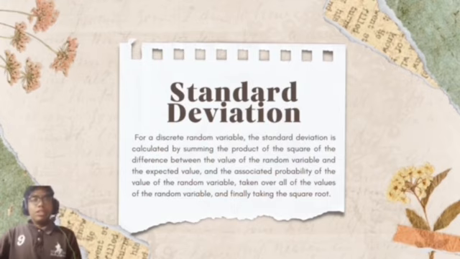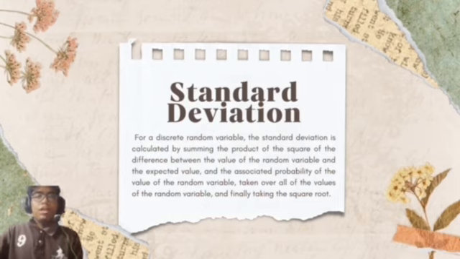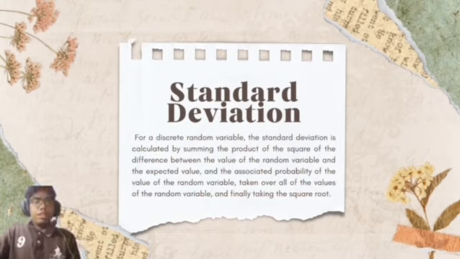So let's move on to the standard deviation. For a discrete random variable, the standard deviation is calculated by summing the product of the square of the difference between the value of the random variable and the expected value, and the associated probability, taken over all the values of the random variable, and finally taking the square root.